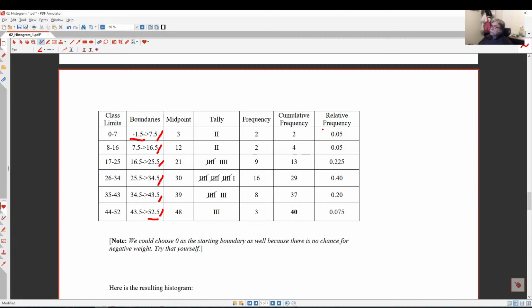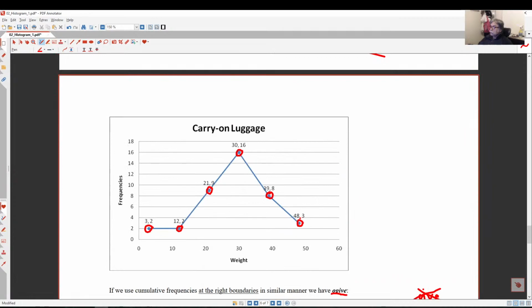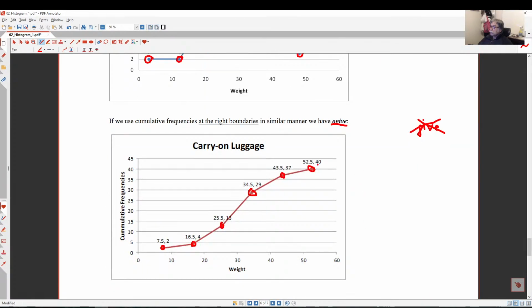Okay, the second coordinate of the point, the y of the points, are cumulative frequencies. 2, 4, 13, 29, 37, 40. And once you find those points, again, the first coordinate is the right boundary.